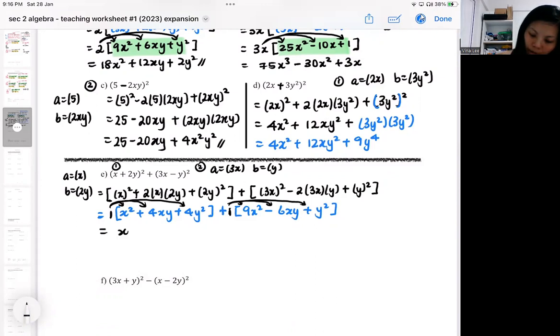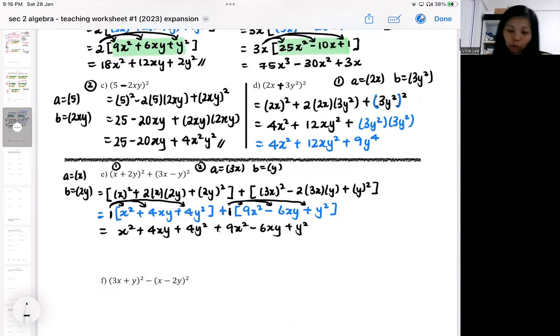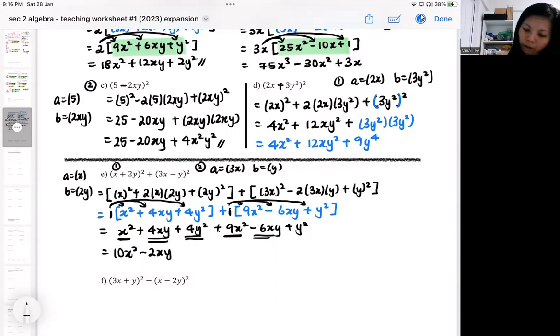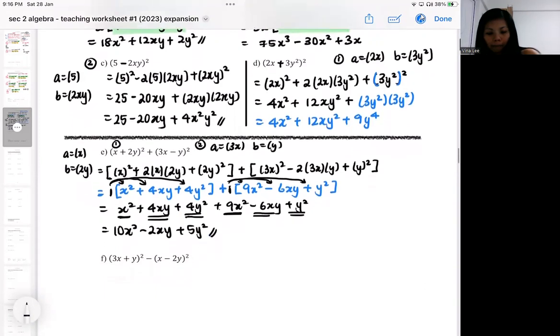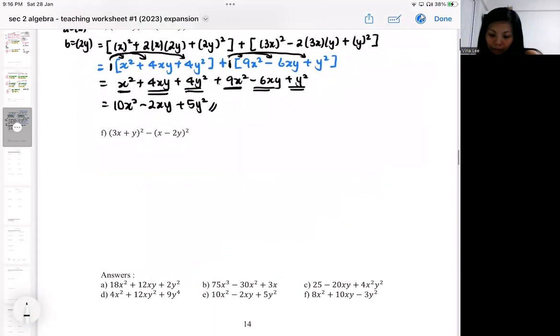So you are getting x squared plus 4xy plus y squared, 9x squared minus 6xy plus y squared. So group all the x squared. Group all the xy. Group all the y squared. That's your final answer. Okay, did I get it correct? Yeah.